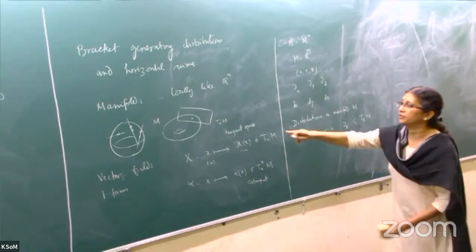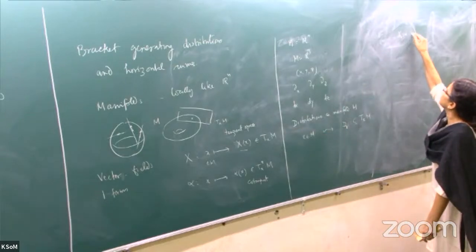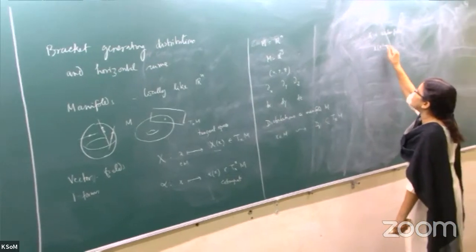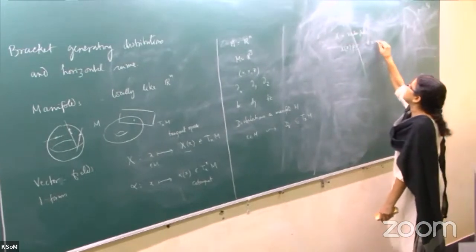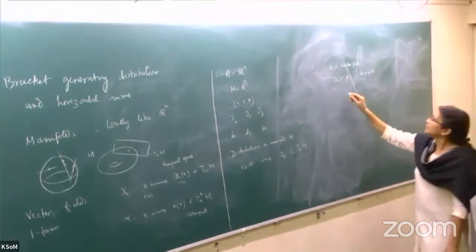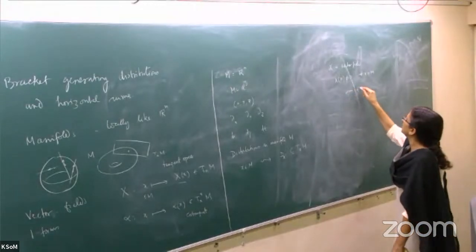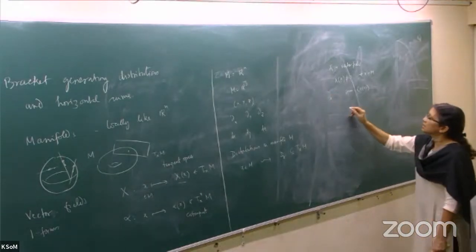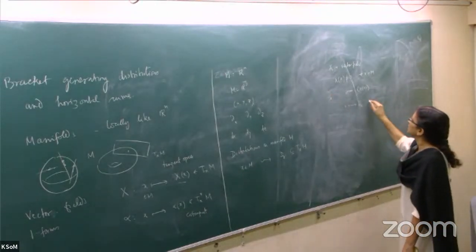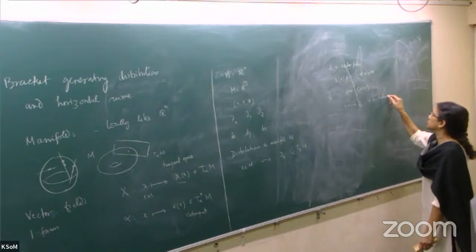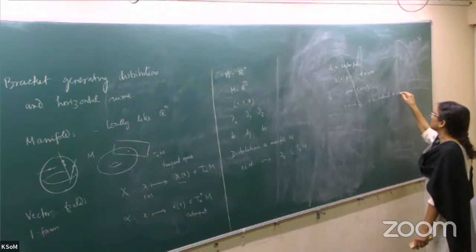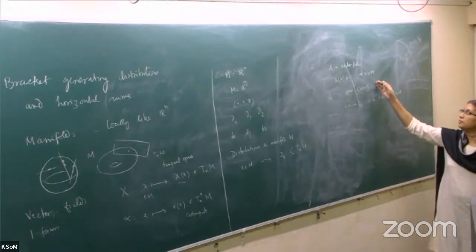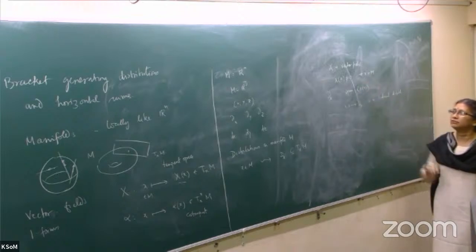So if you have a vector field X, and suppose X is non-vanishing at each point x, then if I define D_x to be the span of the vector X_x, then x going to D_x is a one-dimensional distribution. So this is an example of a distribution on any manifold given by a non-vanishing vector field.